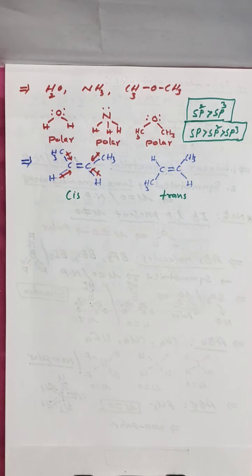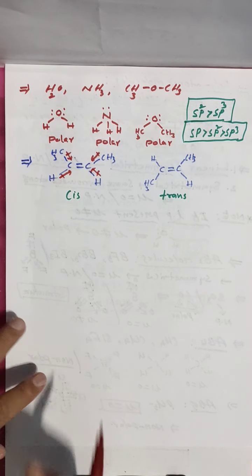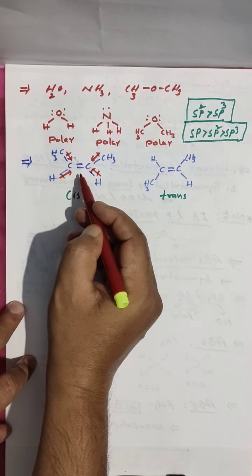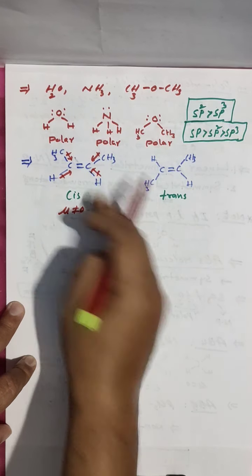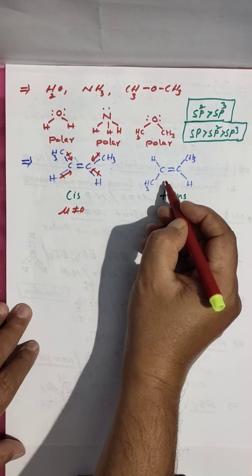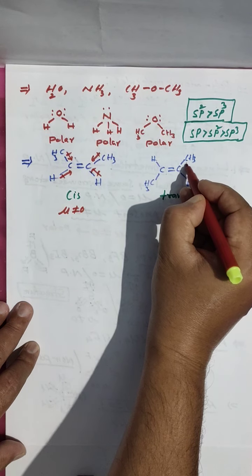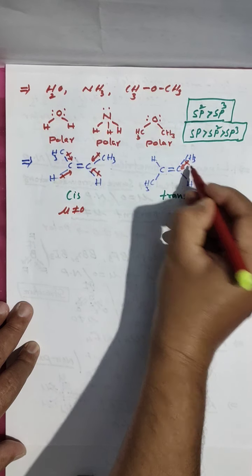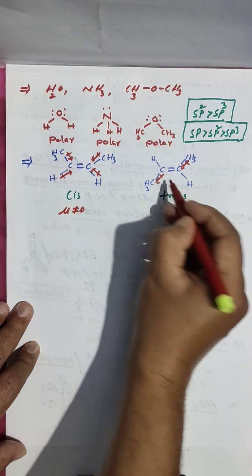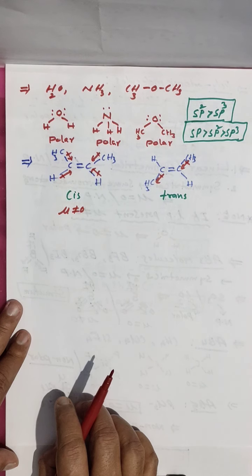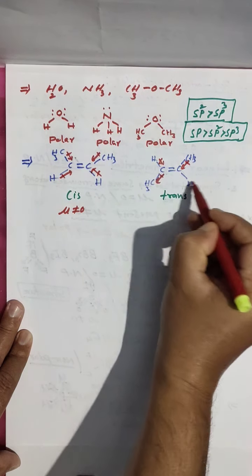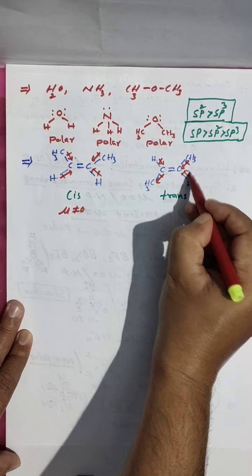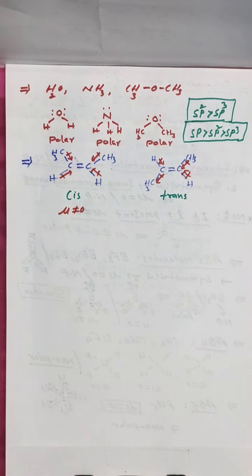See here, net dipole moment is not equal to 0. Am I right? This is moving toward this side and this is also, so not equal to 0. Not cancelling out here. Now go for here. This is now more electronegative, and this is more electronegative. Clear? Less electronegative to more electronegative.